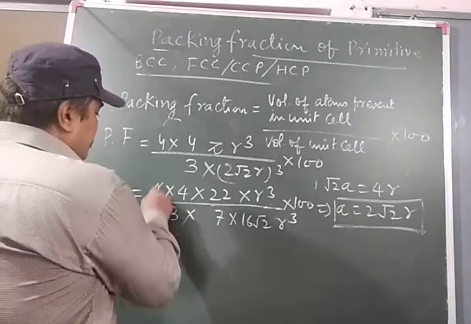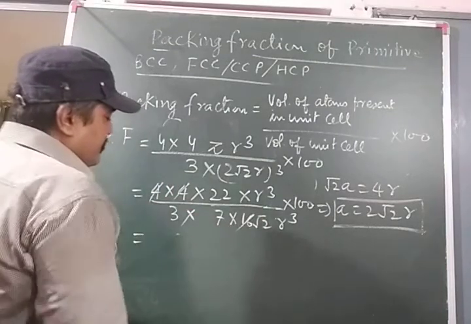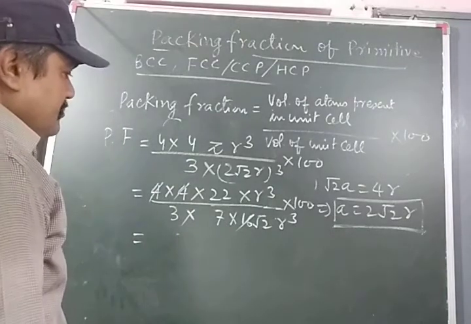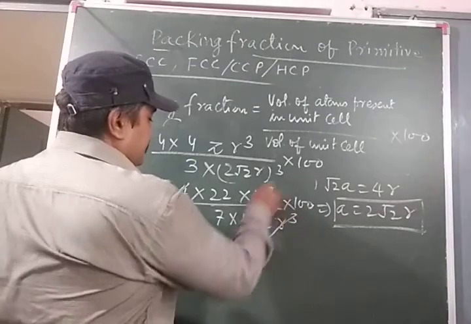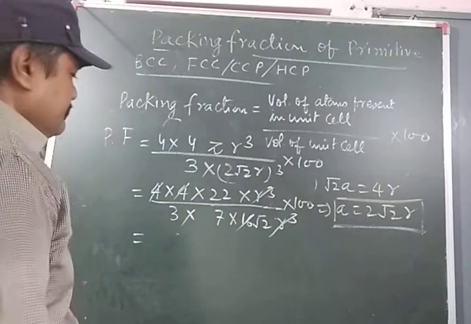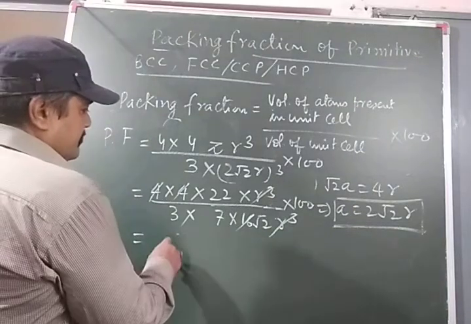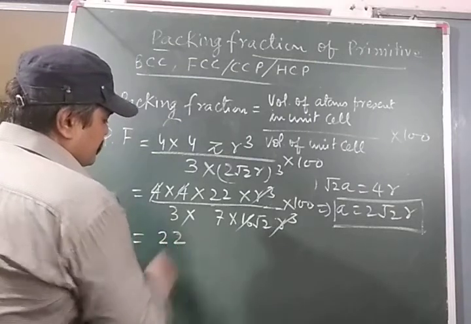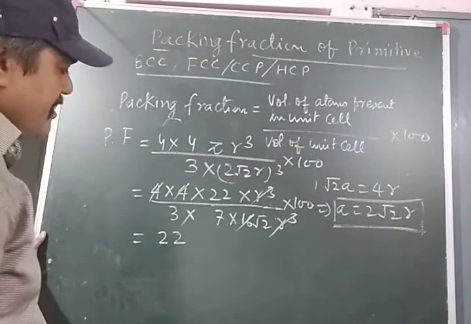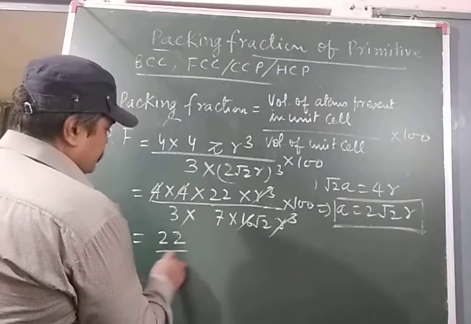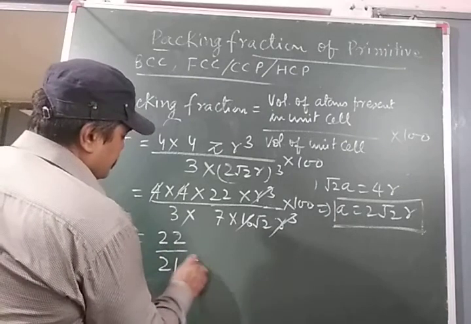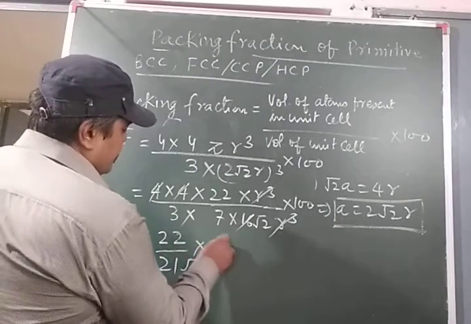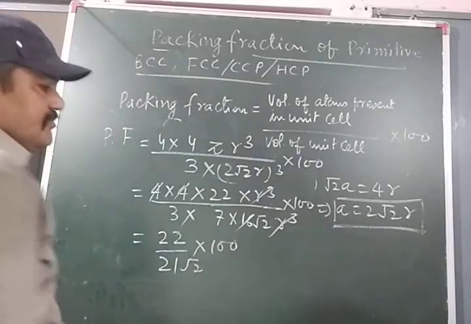On cancelling, this 4 cancels, 4 4 ja 16. Okay, this r cube cancels. This will give us 22 upon 21 root 2 multiplied by 100. Okay.